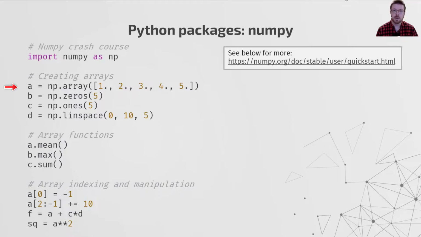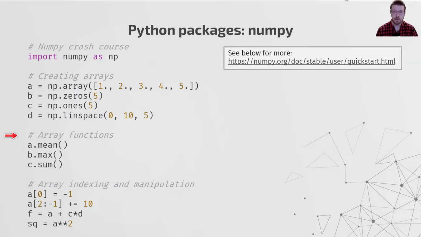Then, we can create array objects using np from a list as is shown for A, or using a generator such as zeros, ones, or linspace as is shown for B, C, and D. As the names suggest, zeros and ones will create arrays of zeros or ones with the length of the array specified as a parameter. Linspace takes start and end arguments and generates the specified number of evenly spaced items between them.